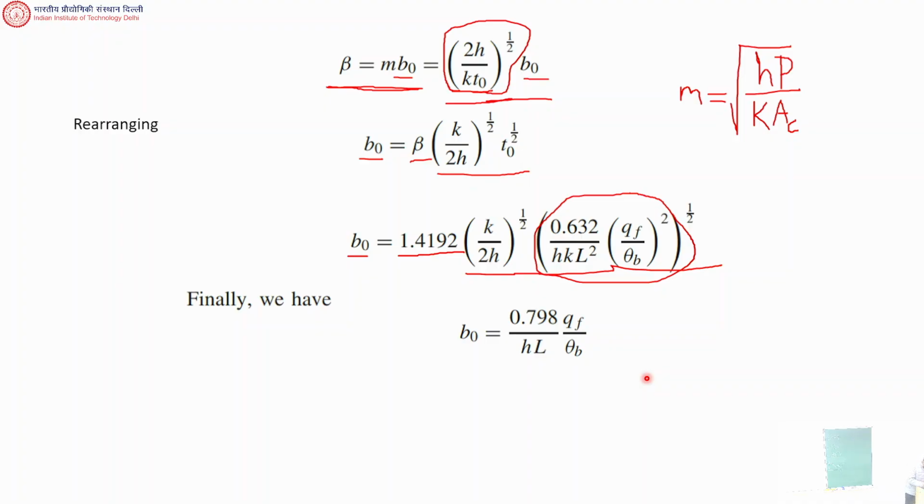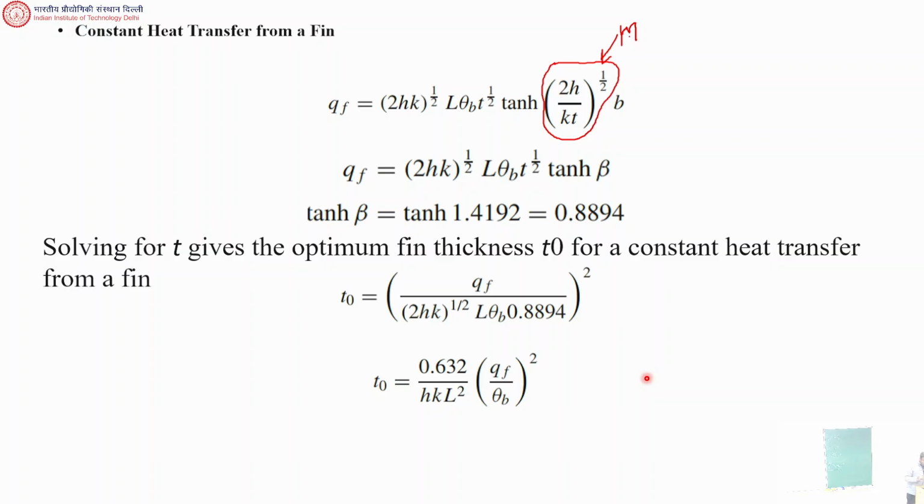Now let me quickly revise what we just did, in case it's confusing. It can be a bit confusing. I'm saying that the book says constant heat transfer from a fin. I don't think that's really that helpful to understand this problem situation. What is constant? Constant with what? Heat transfer is constant, that's what this title says. Constant with what?